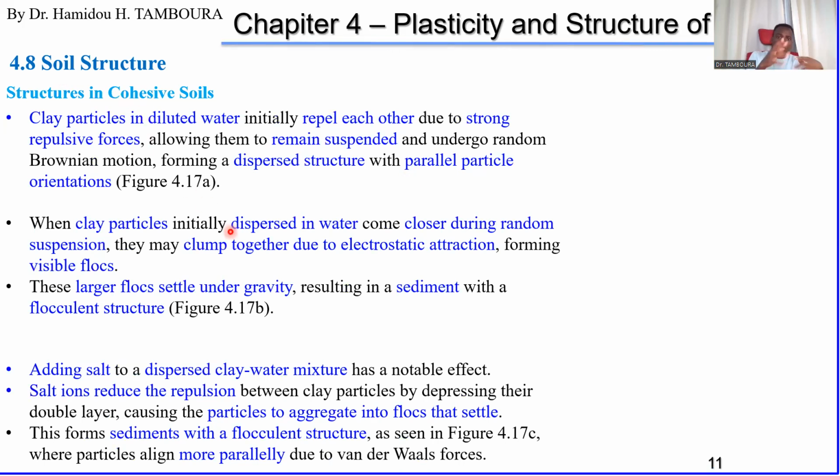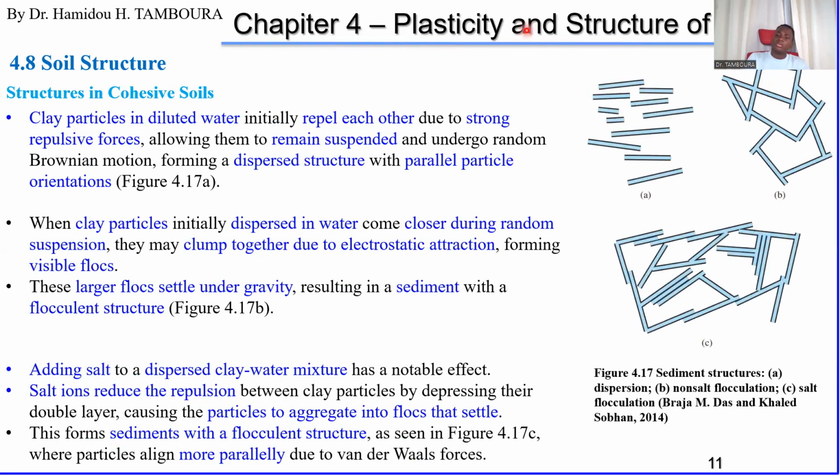They just move in the water, being suspended, and they form a dispersed structure with parallel particle orientation, something like this in this figure, case A. This is when we put clay in water, because there are strong repulsive forces, so they remain in suspension and have this orientation.